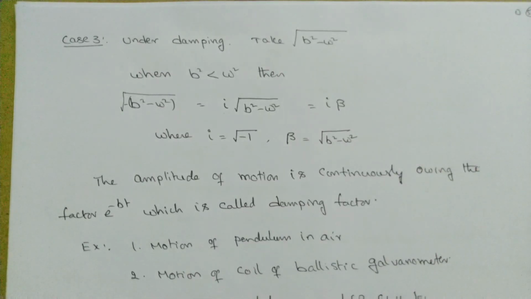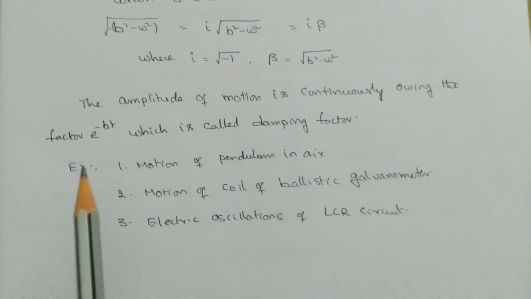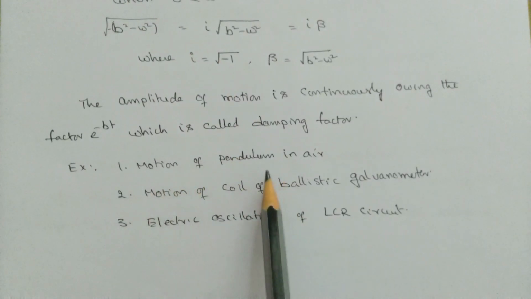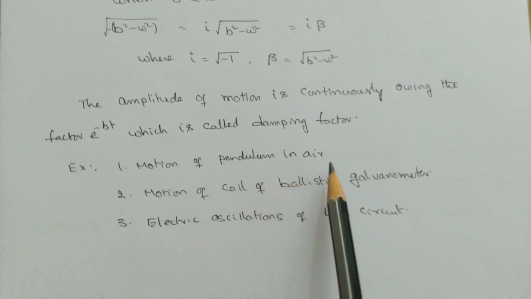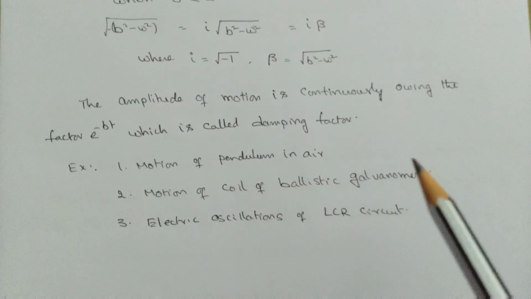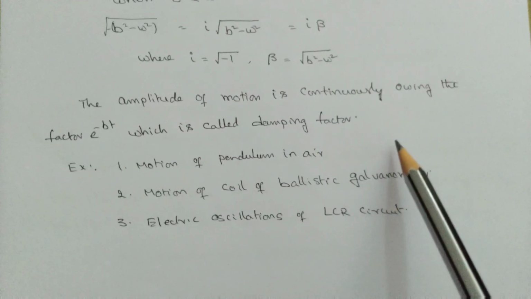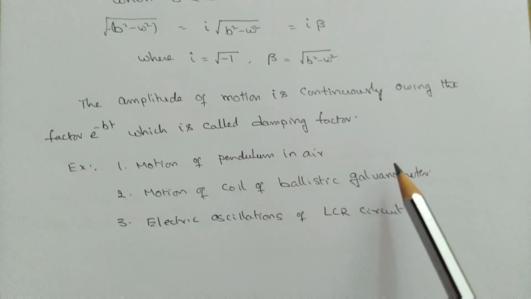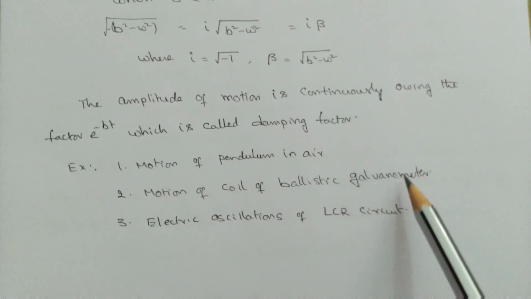The example of this underdamping concept is the motion of a simple pendulum in air. That is possible when we remove the beaker with oil. If we remove the beaker, then it oscillates freely.